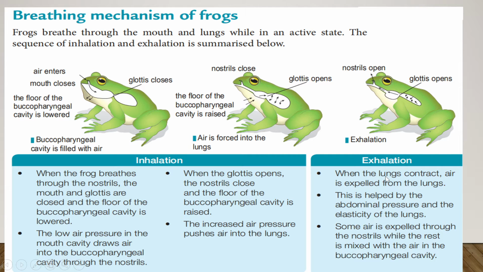Okay, now next is exhalation. When the lungs contract, you see the lungs contract, that means air is expelled from the lungs. Again, the abdominal muscles play the role, and then the elasticity of the lungs themselves. They don't have ribs like human beings, so it's the abdominal muscles and also the elasticity of the lungs playing the role.